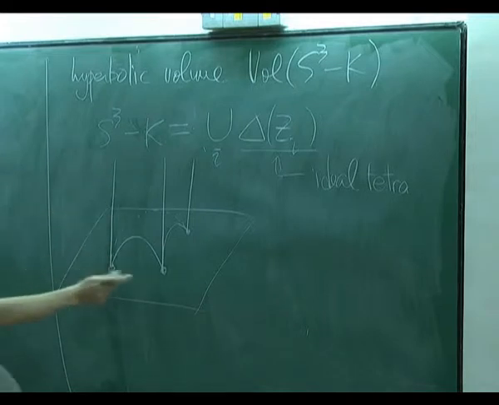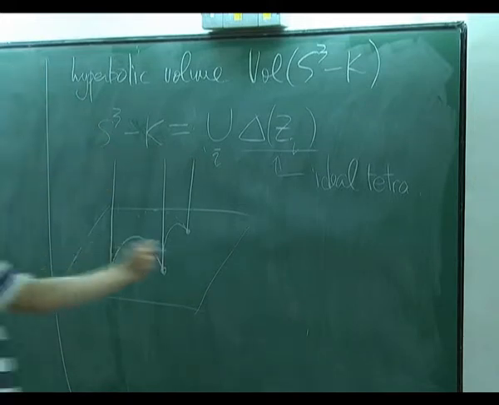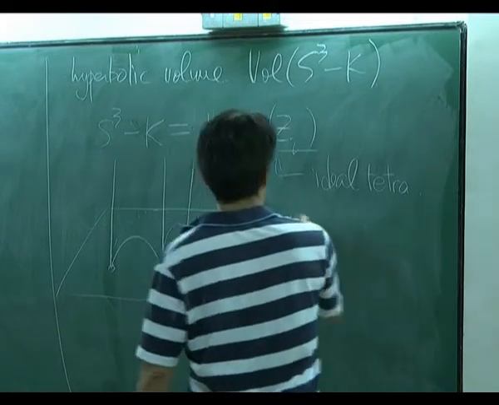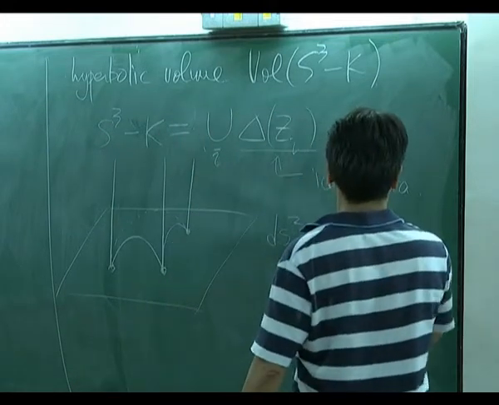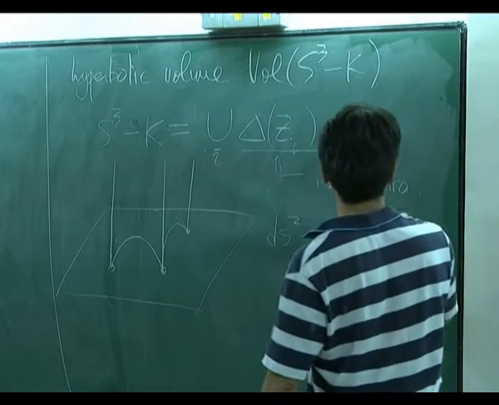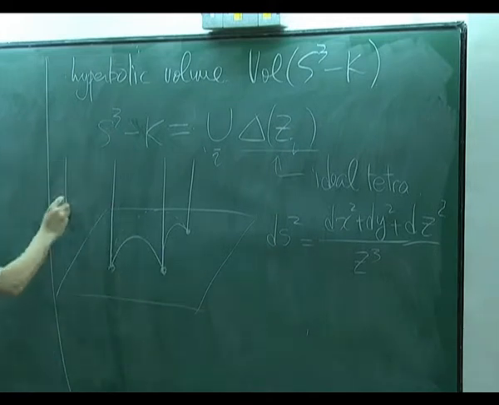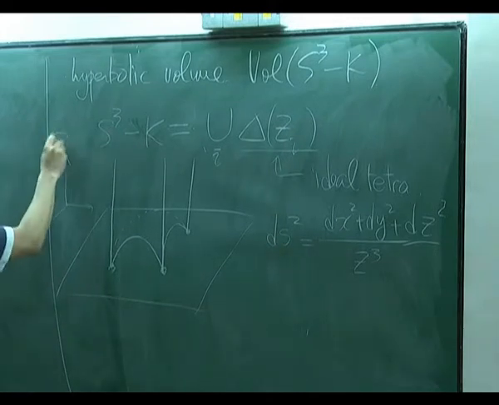Three vertices are on the complex plane, and the remaining vertex is at infinity. Here we consider the 3-dimensional hyperbolic space like this one.